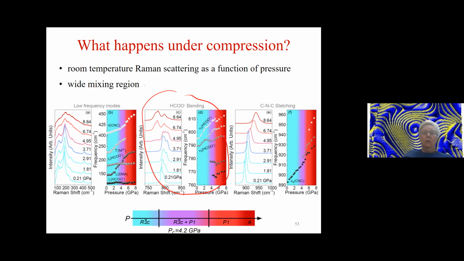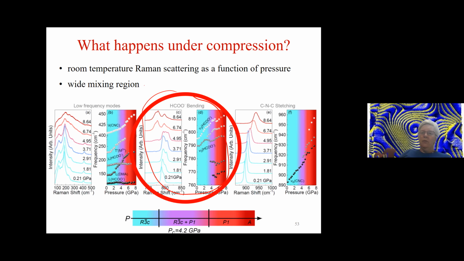The key, though, is that at room temperature, we start with this R3̄c phase, and then we go through this wide mixing range shown here in purple. So it's essentially a mixed phase region of R3̄c plus some unknown phase, which later I hope to convince you is P1, and then into the P1 phase, and finally into an amorphous phase.